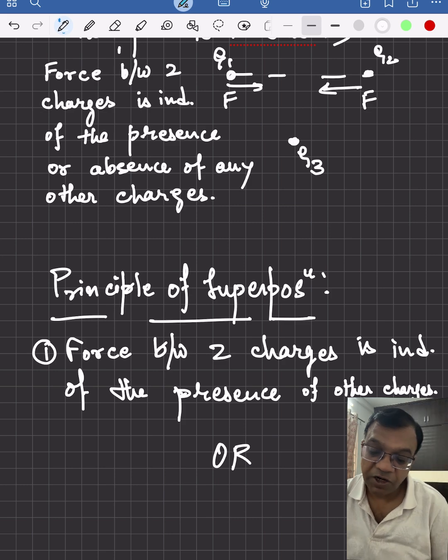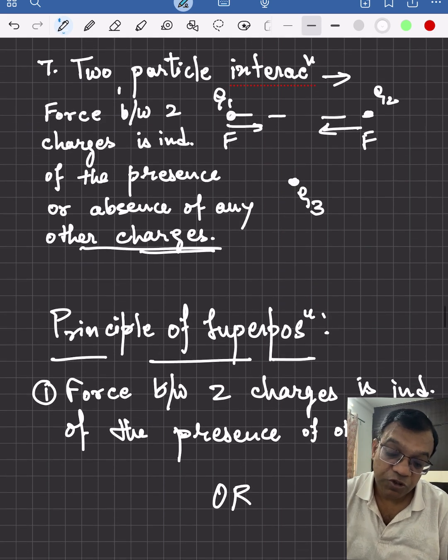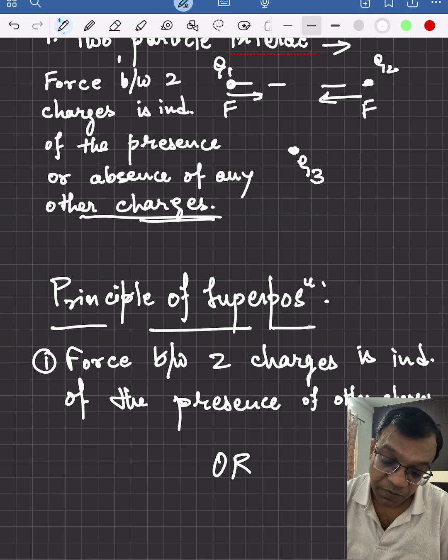Very, very important point. Force between two charges is independent of the presence or absence of any other charge.